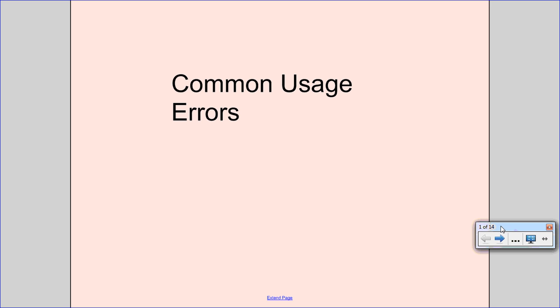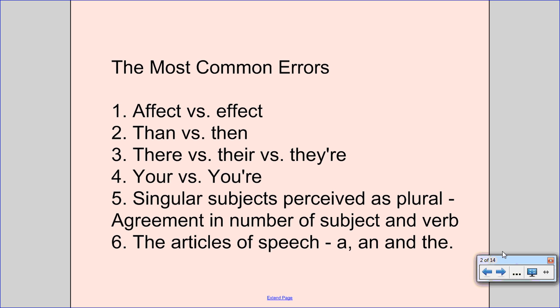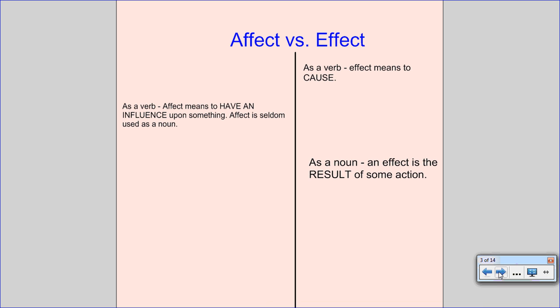These are the most common errors that we see in our writing nowadays, or I see in your writing: the difference between affect versus effect, the difference between than and then, the difference between there, their, and they're, the difference between your and you're, the difference between singular subjects perceived as plural, or in other words, agreement in number of subject and verb, and then the articles a and an.